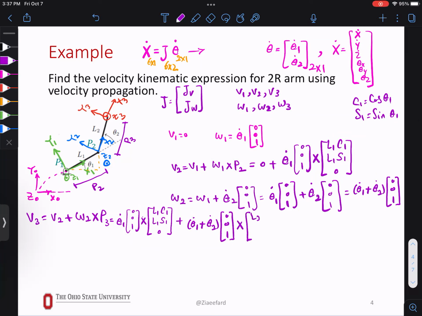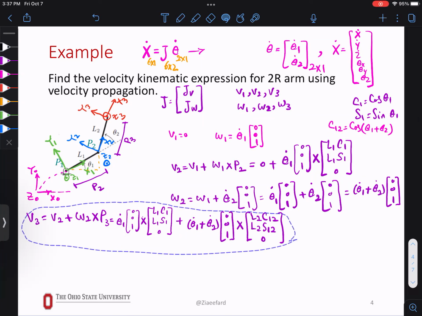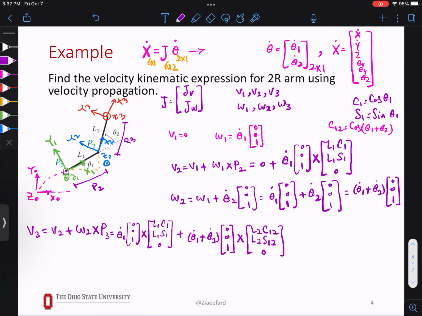This distance is L2 cosine of theta 1 plus theta 2. Cosine 1, 2 is cosine of theta 1 plus theta 2. That's the shorthand that you can use, and I would understand that. This one is L2 sine 1 and 2 and 0. So that is your V3, all of that.